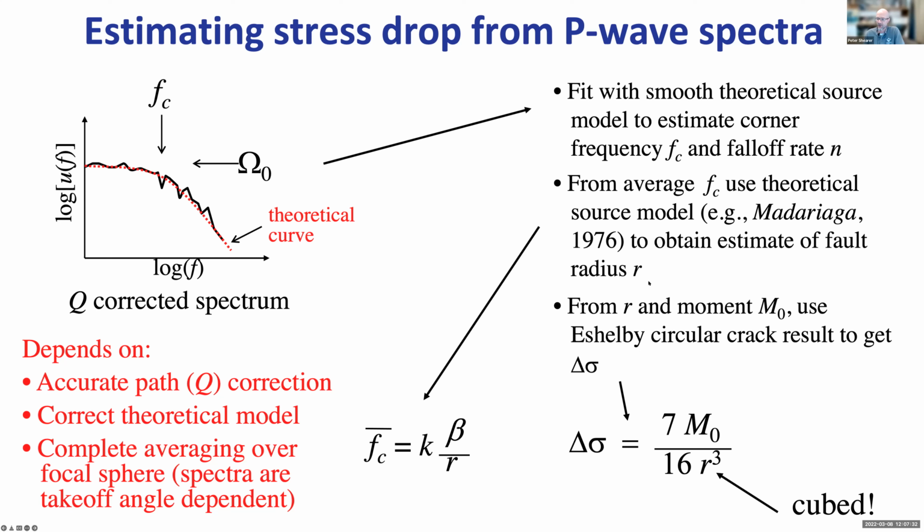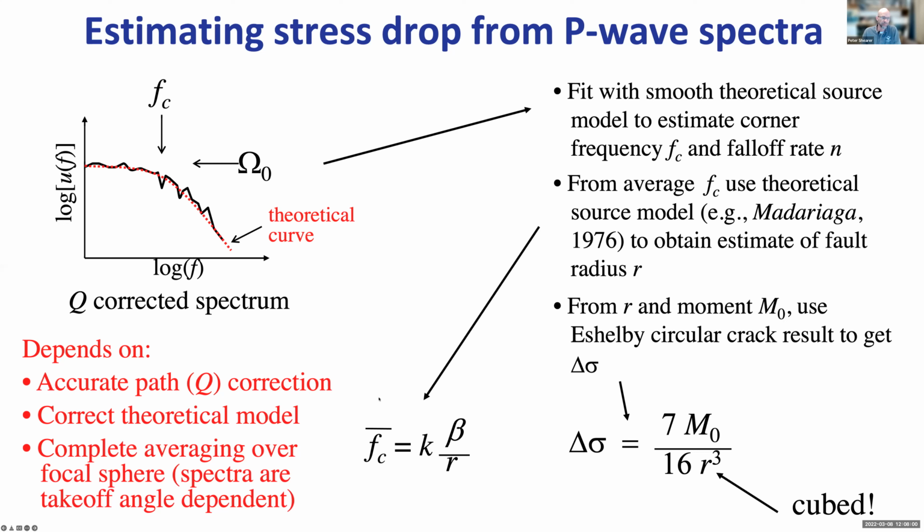And then there's this analytical expression, once you know r and the moment, to compute the stress drop. One of the things to notice in this equation is that our r value is cubed. So if we have a small amount of uncertainty in the size of the fault, it's going to translate into a much larger amount of uncertainty in the stress drop.